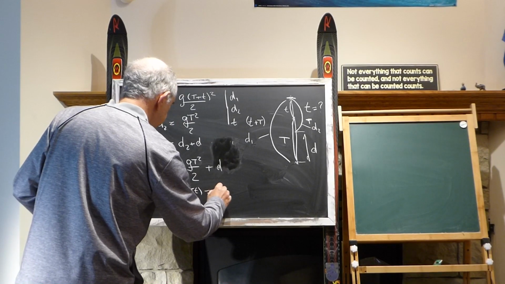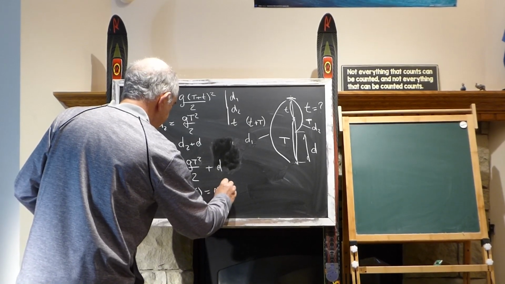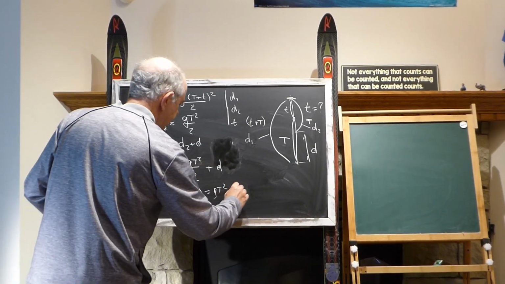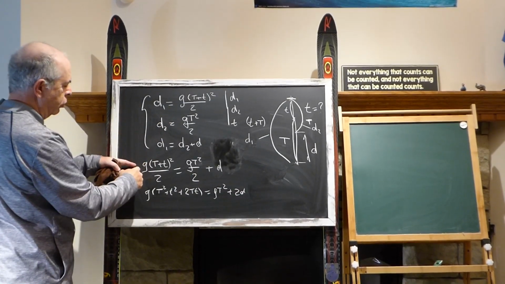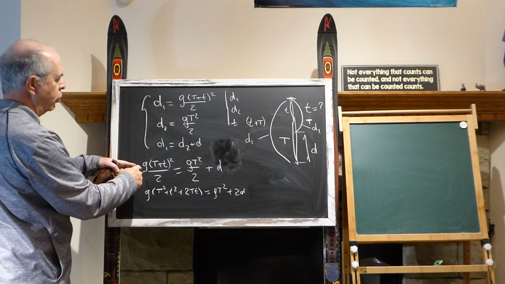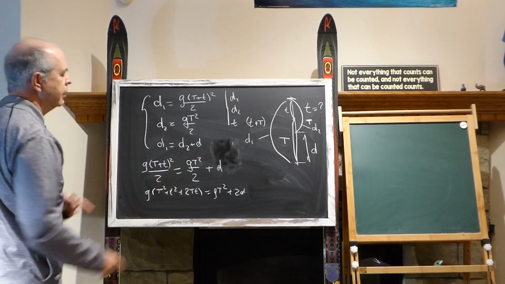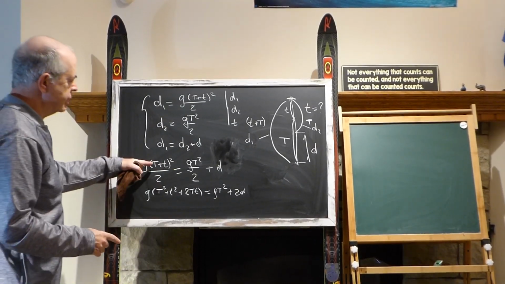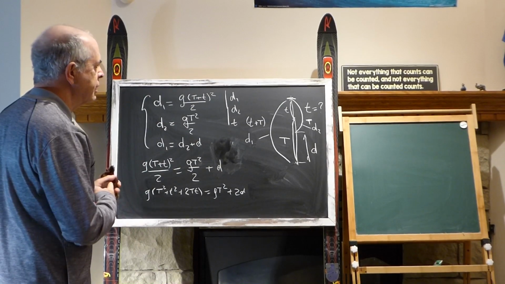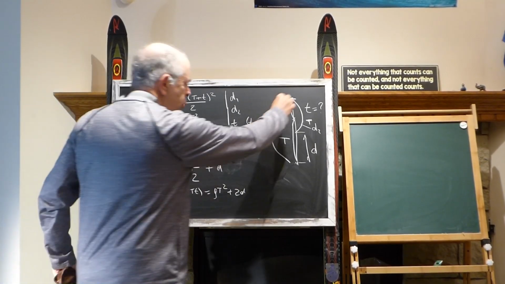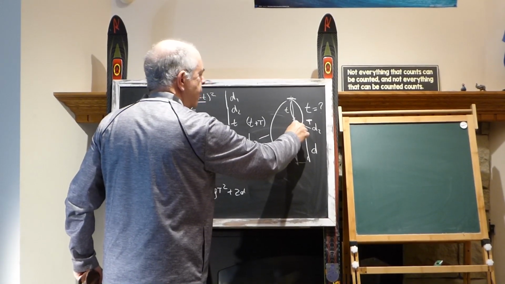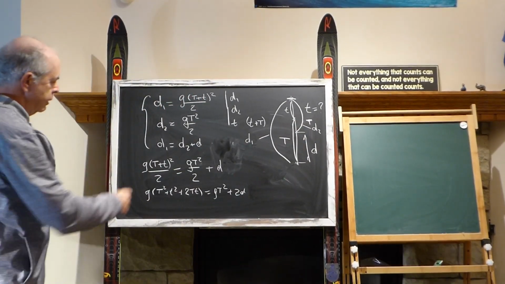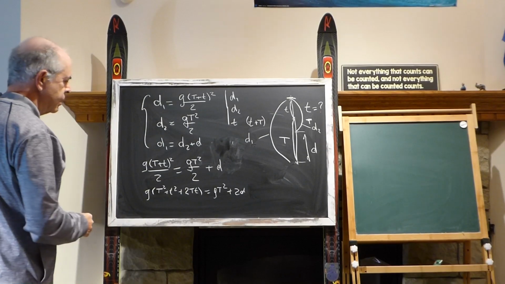Equals g T squared plus 2d. By the way, when I get rid of d1 and d2, I get only one equation with one unknown, and this unknown is t lowercase, because T uppercase is given to us. It's 2 seconds, the time the second drop is traveling.